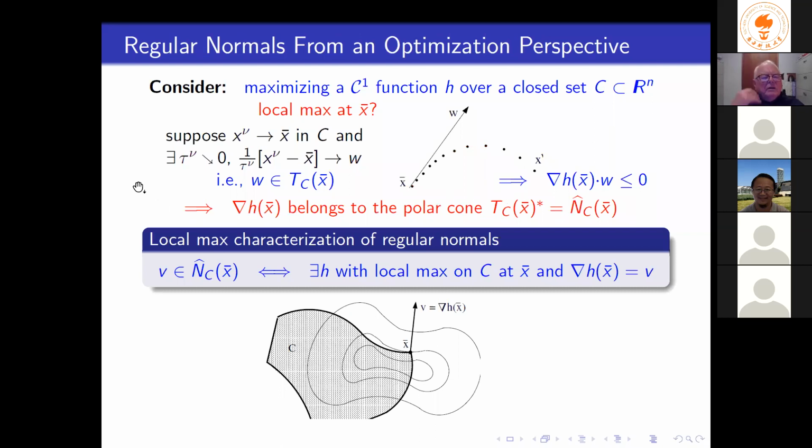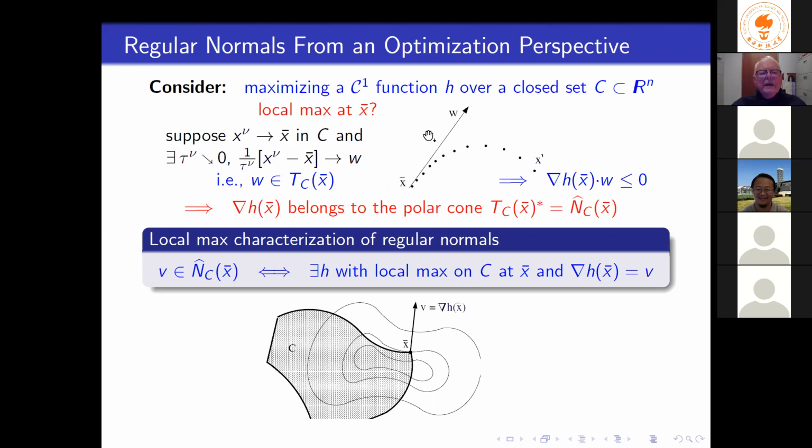All right, now here's another, to me, very beautiful point, and it also illustrates another way of divergence where Francis Clarke and I were thinking differently. In Clarke's original work, the main emphasis was on proximal normal vectors, which are a second order kind of condition. They have to do with the kind of projections I just showed you in a picture. But here's a full characterization of the regular normals, which is very beautiful.